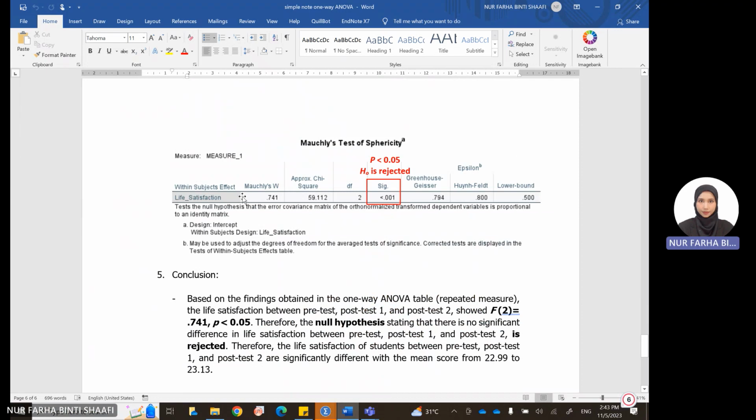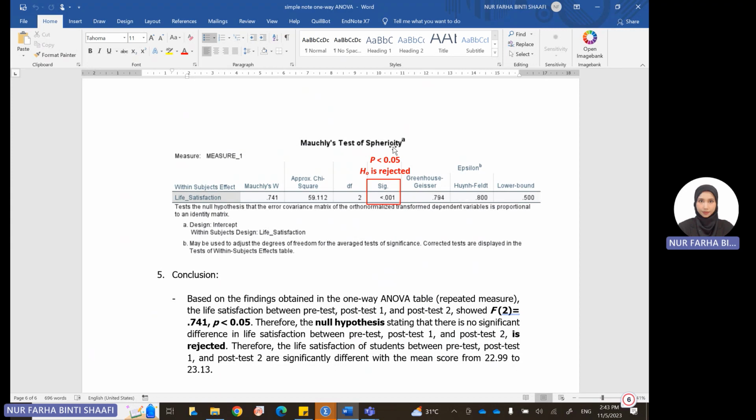I'll just show you, much bigger. So from here, you have Mauchly's test of sphericity. Okay. So from here, you have a significant value.